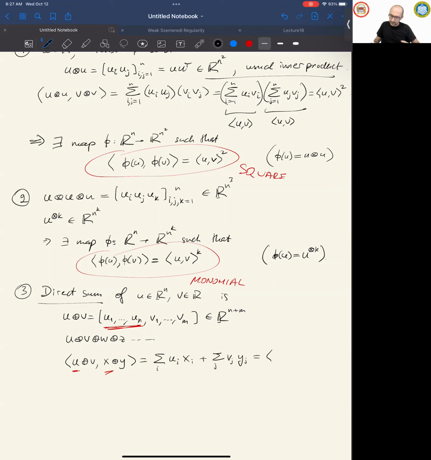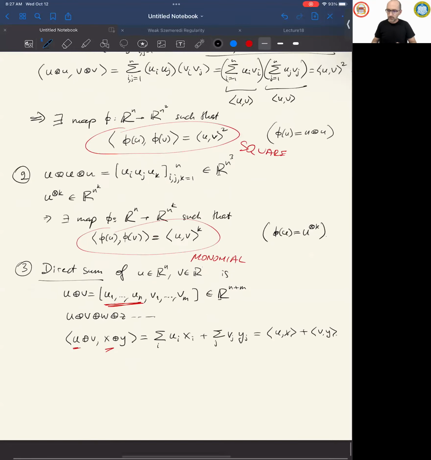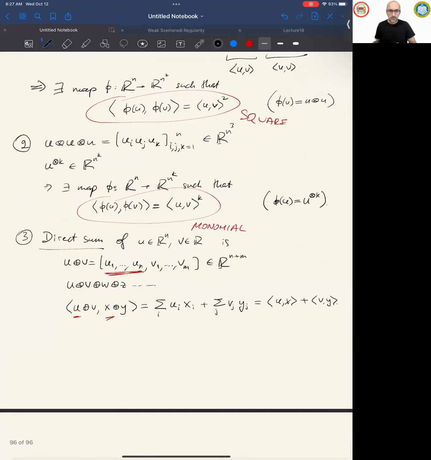And so we get ux plus vy. Yeah, good. So the purpose of this simple exercise is just to show how we can add different things together, add the inner products together, just by concatenation, by direct sum.